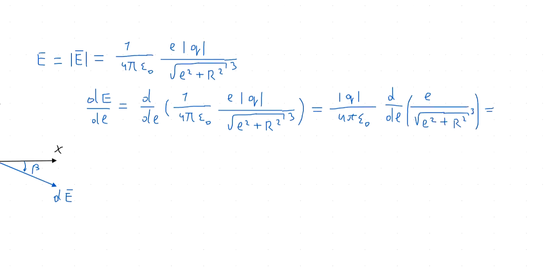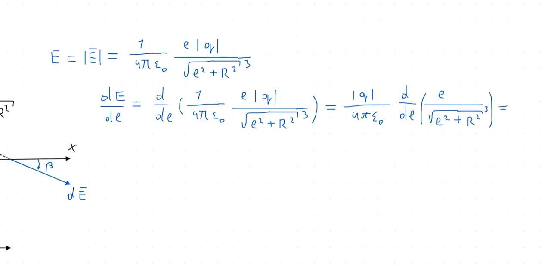Okay, I will make the next step. It will be the absolute value of Q divided by 4 pi epsilon 0, times d/dL of L in brackets.